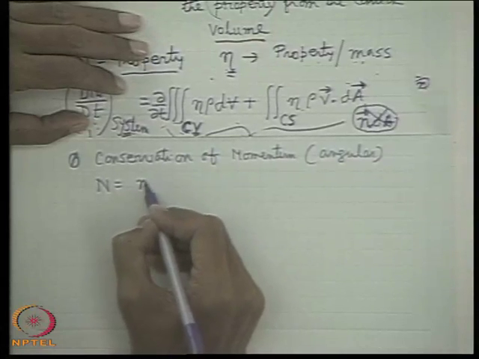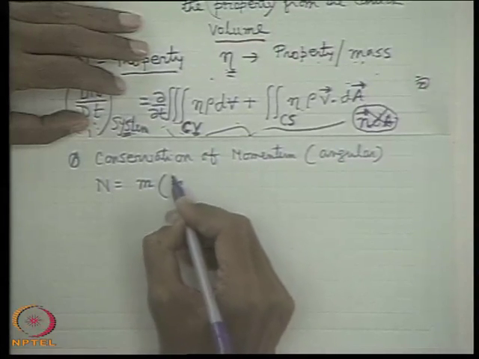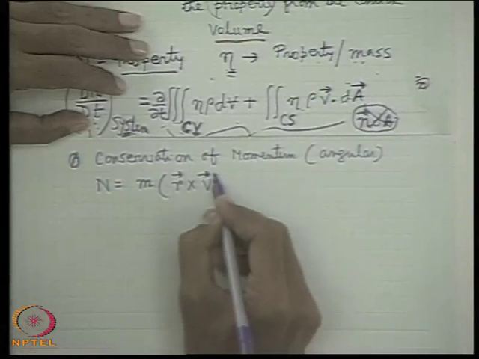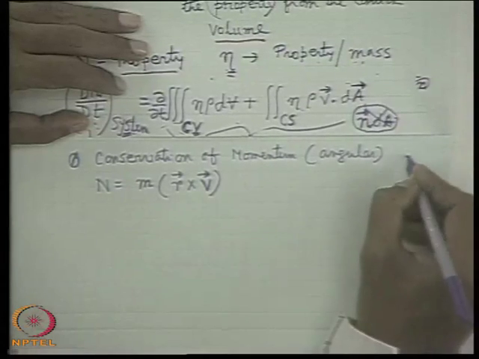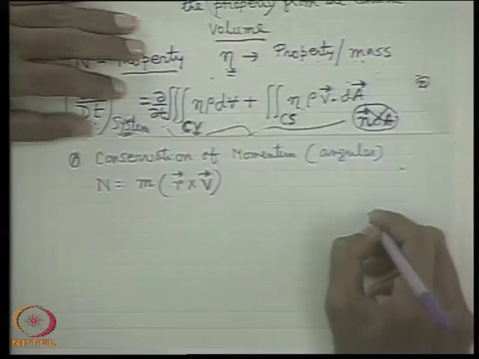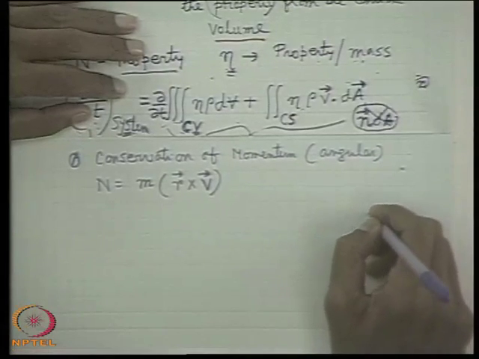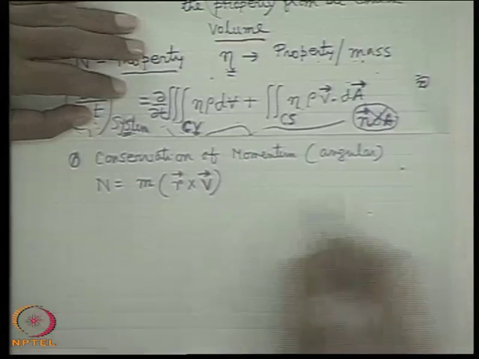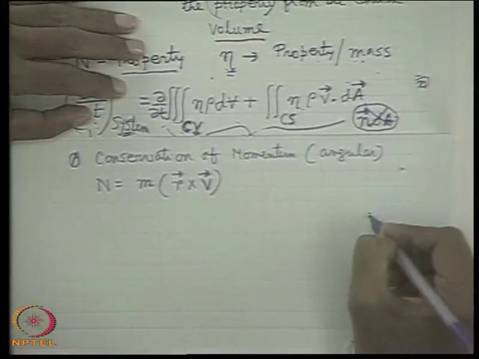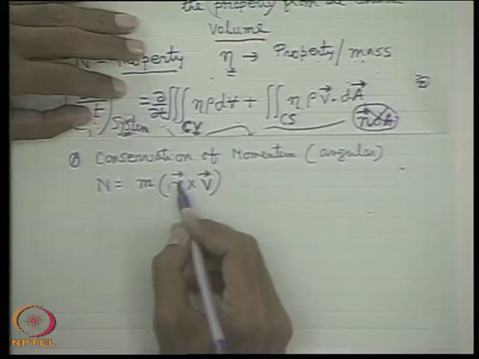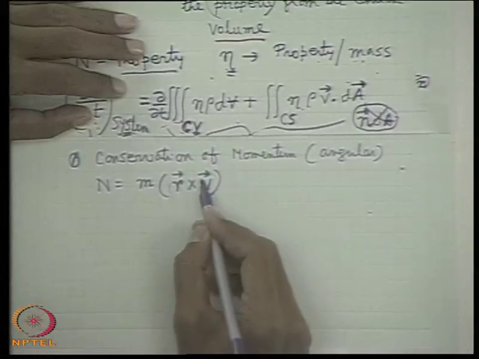Angular momentum is defined in this fashion: the angular momentum of any particle or any fluid element about any point, or an axis perpendicular at a point, is the cross product of the radius vector and the velocity vector.